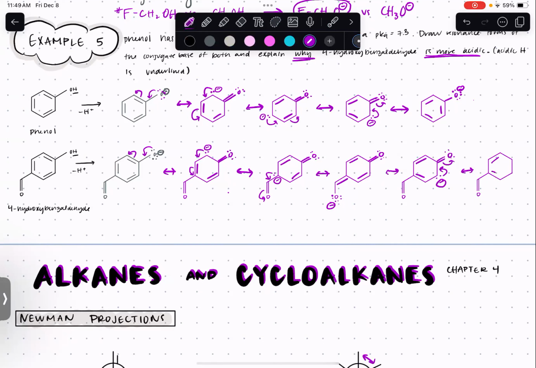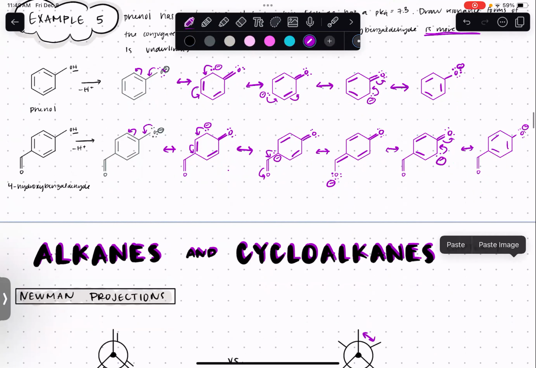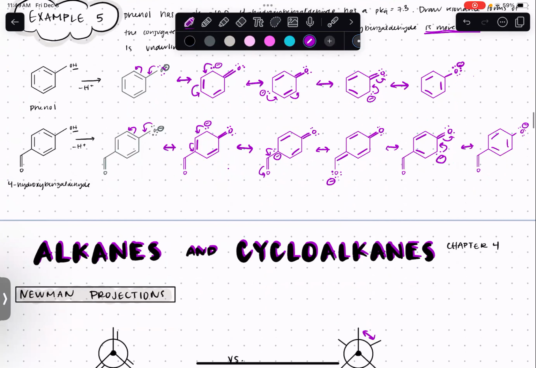So we have this. So we can see that there is an additional resonance structure right here that the phenol does not have.